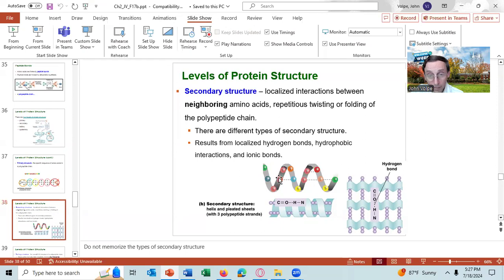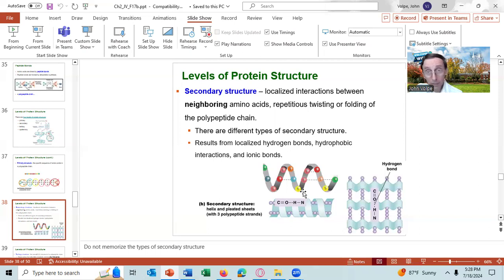So this amino acid is polar, that amino acid is polar, and they form a hydrogen bond between them, which helps stabilize the secondary structure. It also helps form the secondary structure when that hydrogen bond forms. And there's the beta pleat showing you a hydrogen bond. And this is the alpha helix having a hydrogen bond.